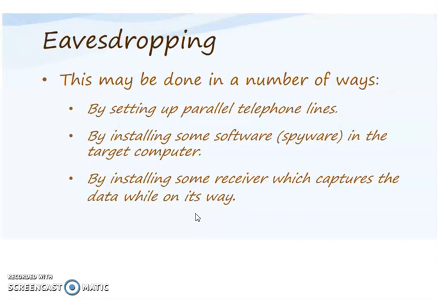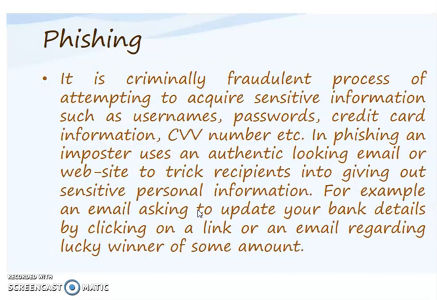Next one, phishing. Phishing is a criminally fraudulent process of attempting to acquire sensitive information such as username, password, credit card information, CVV number, etc. In phishing, an imposter uses an authentic looking email or website to trick recipients into giving out sensitive personal information.